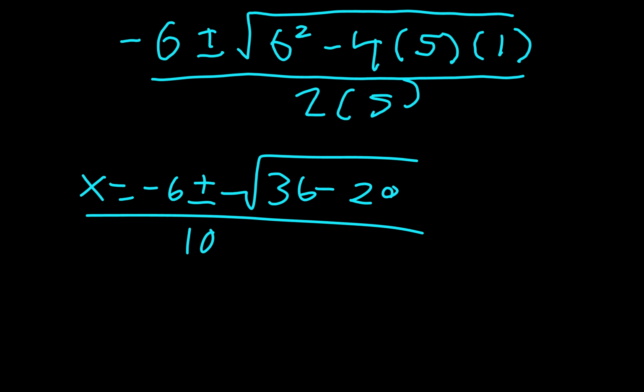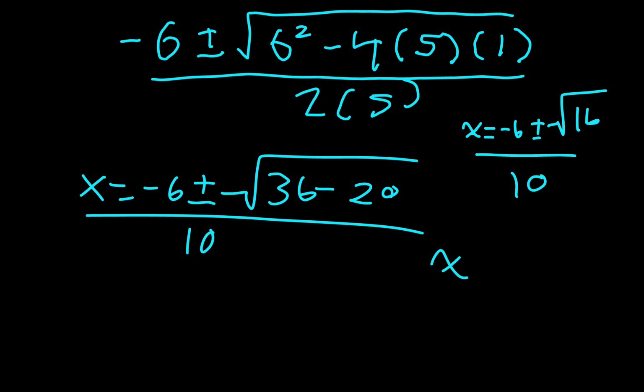And from here we can then get closer to our solution, which is x is equal to negative 6 plus or minus the square root of 16 over 10, and x is equal to negative 6 plus or minus 4 over 10.